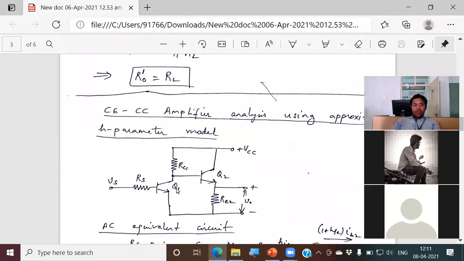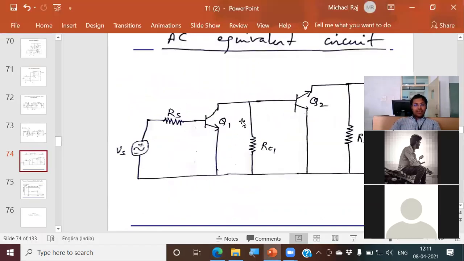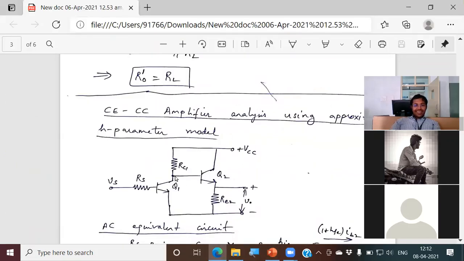Next, from this point, RC1, where should I draw it? Anybody answer? RC1 from this point should go to what? Ground, sir. Very good. So RC1 will come from this terminal, the collector of Q1, to ground. Next, the collector of the first transistor is connected to the base of the second transistor.